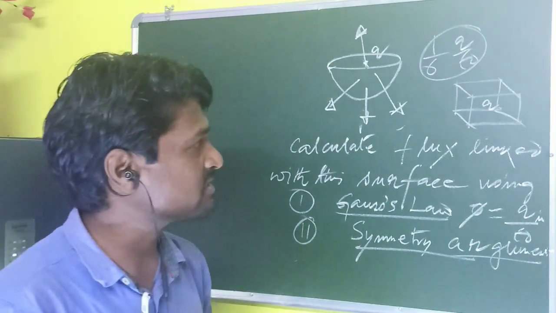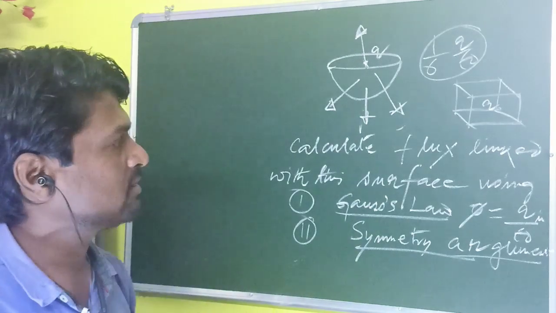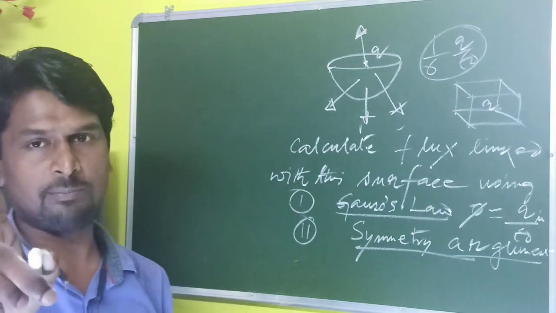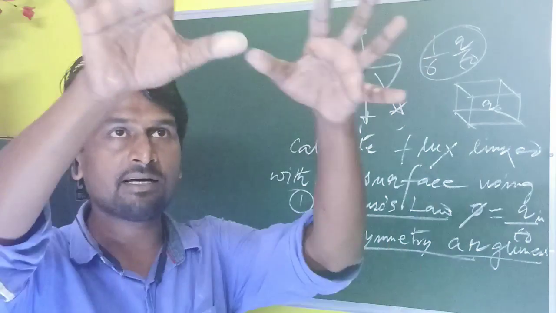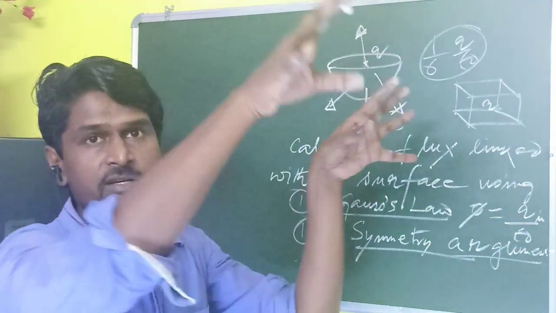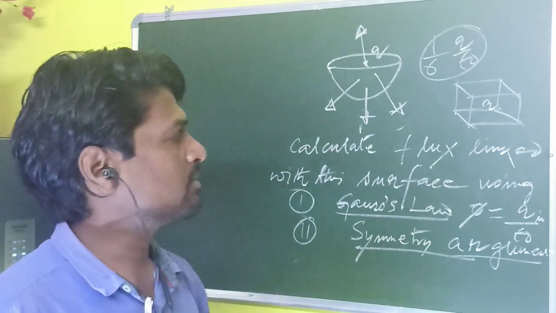When the charge is at a particular symmetric point, then you can apply the symmetry argument. If a bulb is at that point, then the luminous flux lights all the walls equally bright.